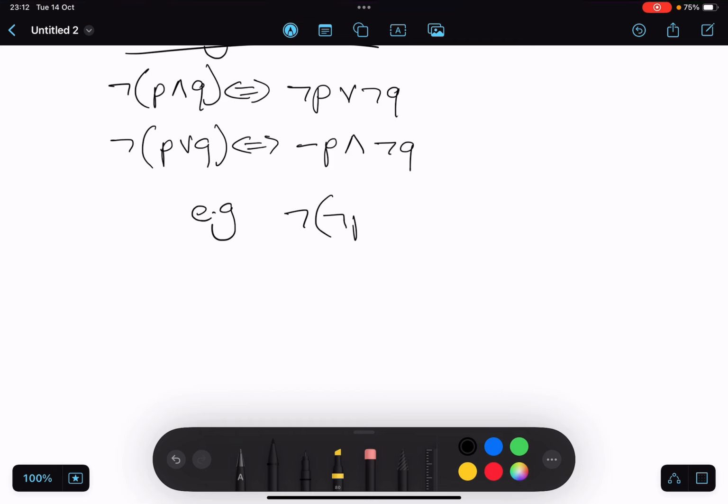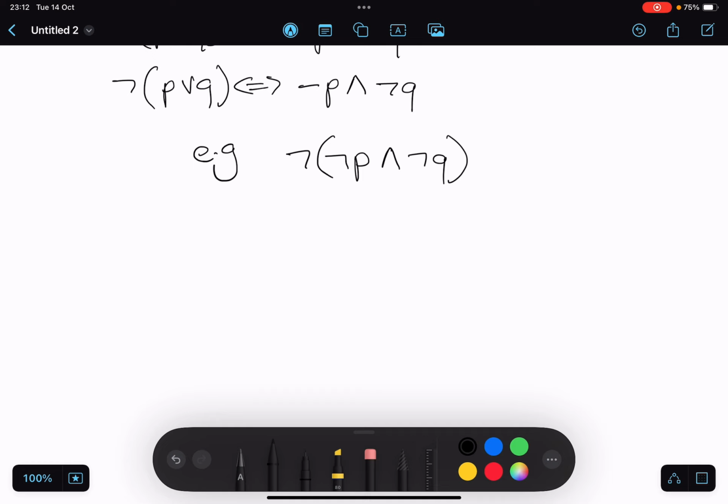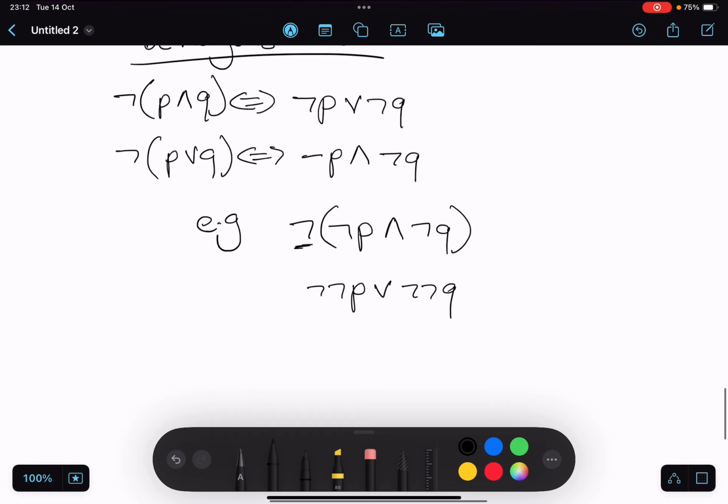Let's look at an example where we want to simplify the negation of (the negation of P and the negation of Q). The first thing is to evaluate this outer negation, so we get the negation of the negation of P, or the negation of the negation of Q. From here to here we applied De Morgan's law. But we are not finished.